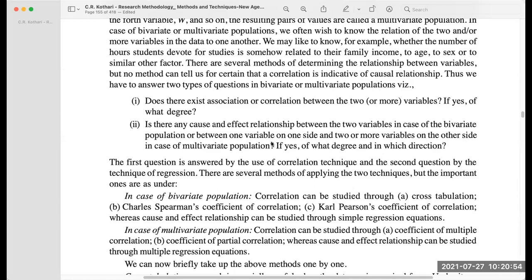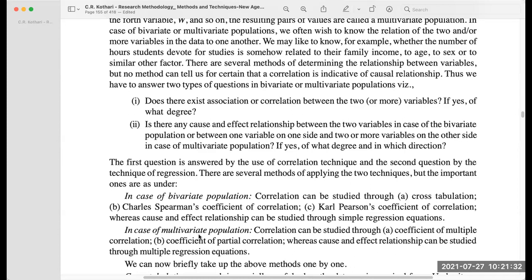So related to that, in the case of a bivariate population, we have some tools like cross tabulation, Spearman's coefficient of correlation, Pearson coefficient of correlation, right? These can be used. In some cases, simple regression equations may be sufficient, regression analysis, right? Multivariate means more than two; up to two is bivariate.